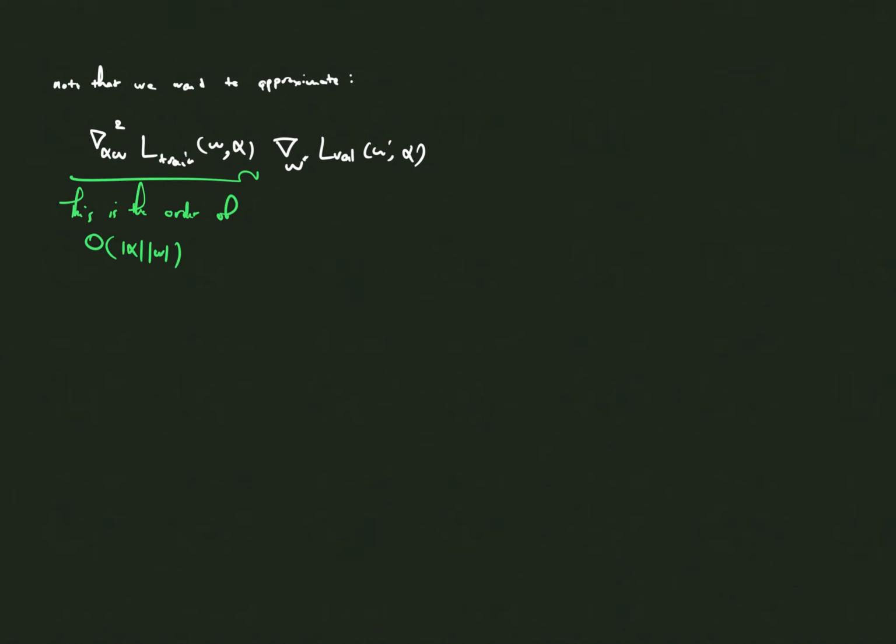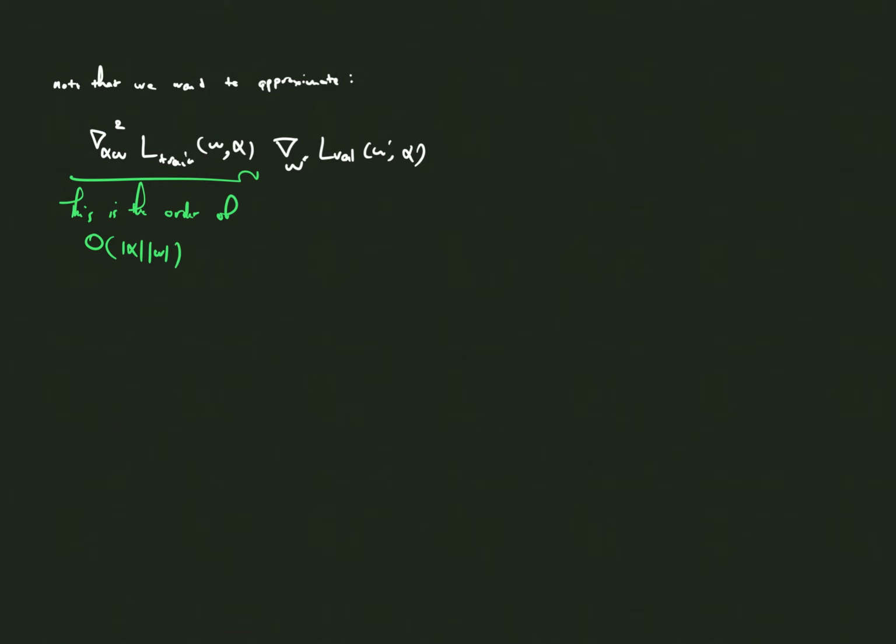Now, in terms of the order of this, we would have the complexity of the dimension of alpha times the dimension of omega. For example, if you have 10 hyperparameters and 50 parameters, you would have 500 elements, because you would have a 10 by 50 matrix here.